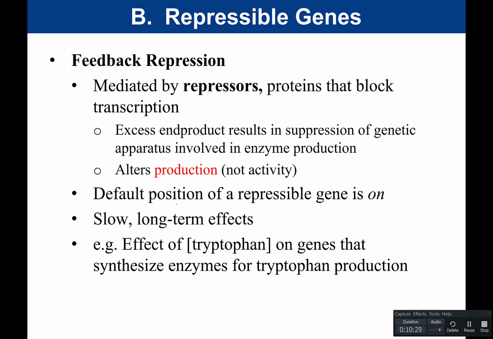And an excess of the end product results in suppression of the genetic apparatus involved in enzyme production. So you might recall back when we talked about feedback inhibition, where a product can feed back and can affect the enzyme at an earlier step in that pathway. And it causes that enzyme to change shape. And when that enzyme has changed shape, it turns off that pathway.